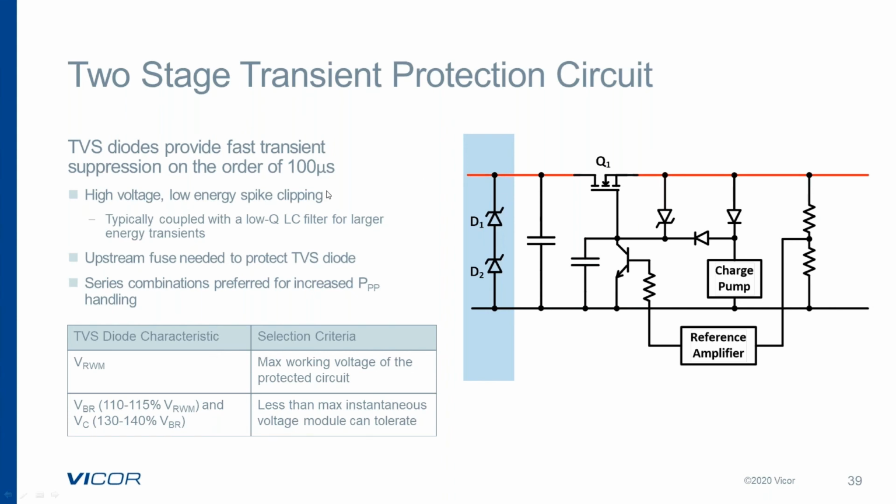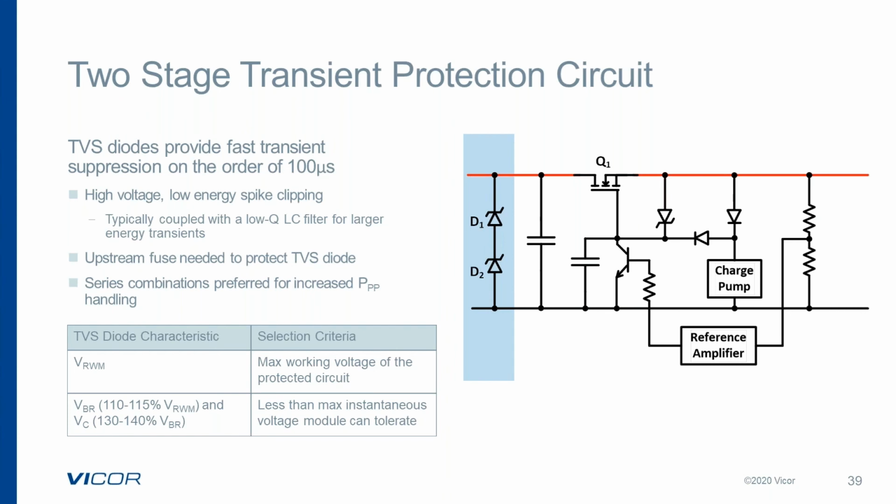These can handle transients on the order of 100 microseconds, and they can handle quite a bit of energy. So the transient voltage suppressors can handle the fast, high voltage spikes. And we have to select the value of these such that the knee of the transient voltage suppressor isn't within the normal operating range of my DC to DC converter.